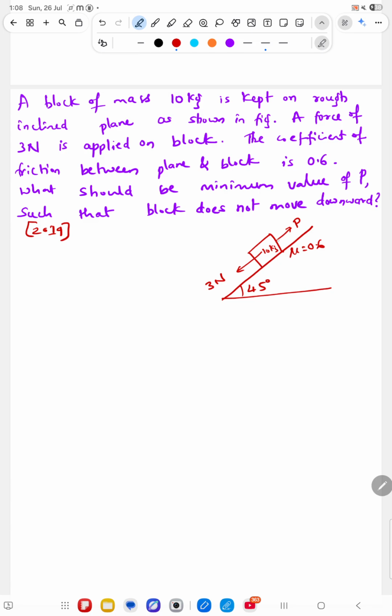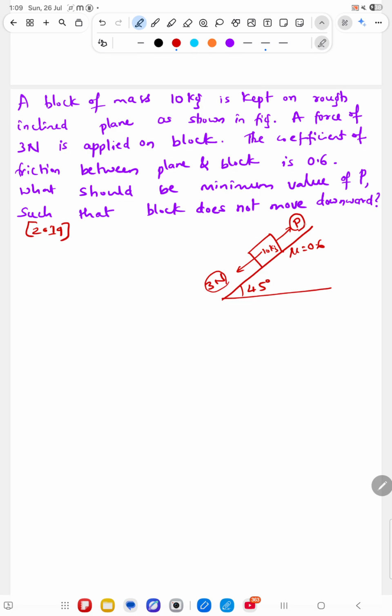Here they have asked us to calculate the value of P. From the diagram, two forces are acting: one force is 3 Newton, which is acting downwards, pulling the block along the inclined plane, and the 10 kg mass also helps the block move in a downward direction.